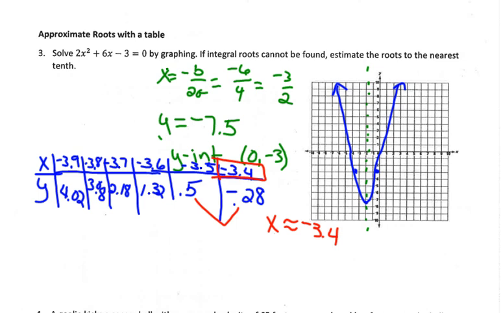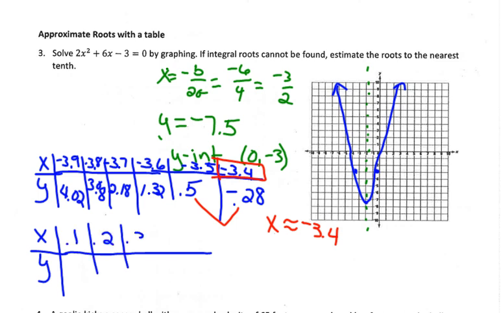Now I'm going to do the same thing on the other side. I know it's somewhere between 0 and 1, so I'm going to go up by tenths and pick values of x and do some calculator work. I'll start with 0.1, 0.2, 0.3, 0.4, 0.5, and so on. Again, I did it all in the calculator earlier just to save some time. So we have negative 2.38, negative 1.72, negative 1.02.